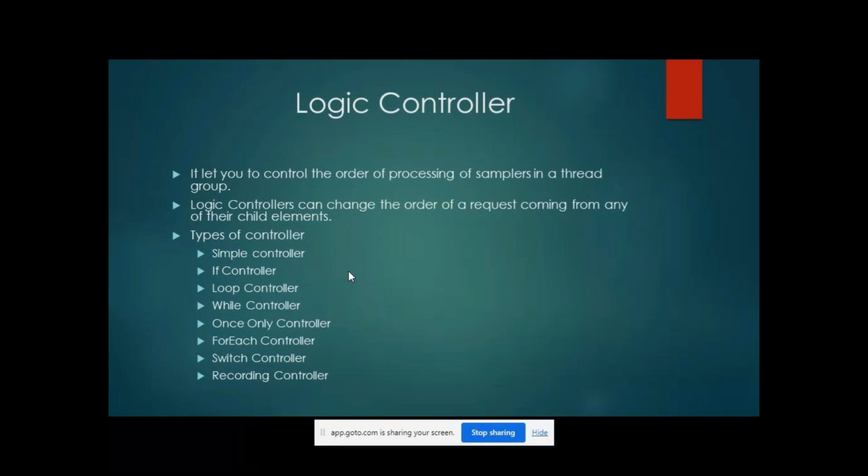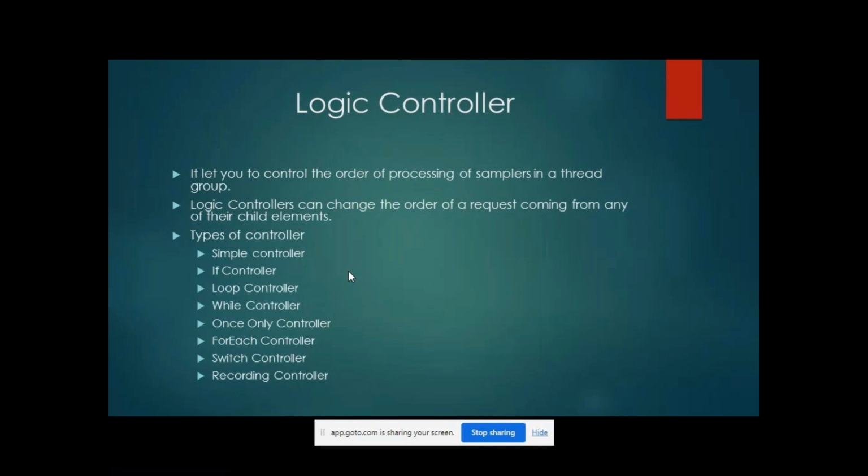If for example you have 5 sampler requests, okay, then this logic controller can be an if controller, loop, while, once only. These controllers will basically check the response of the sampler, and on the basis of that response, or on the basis of the check, the next samplers will be executed.